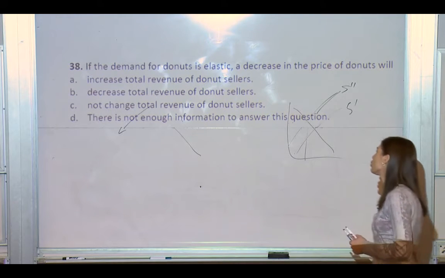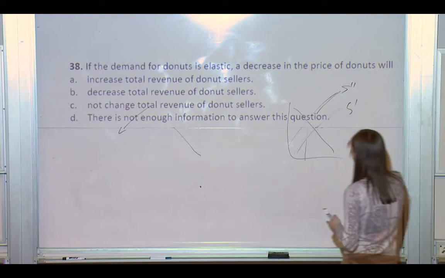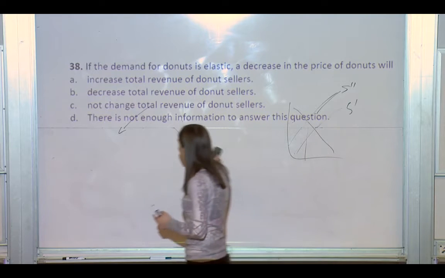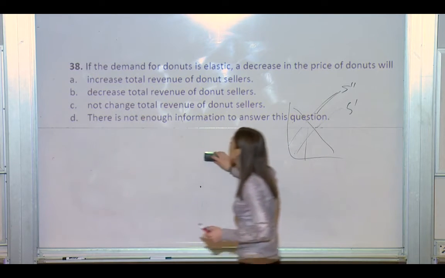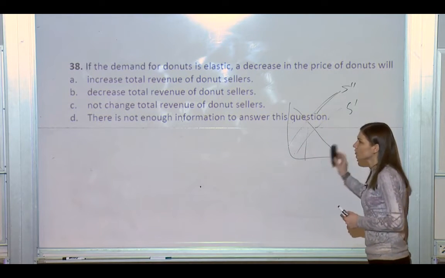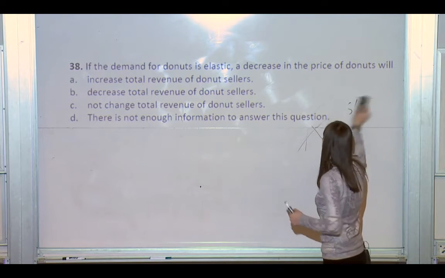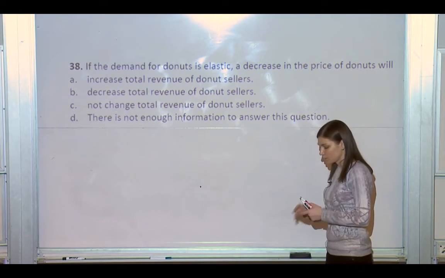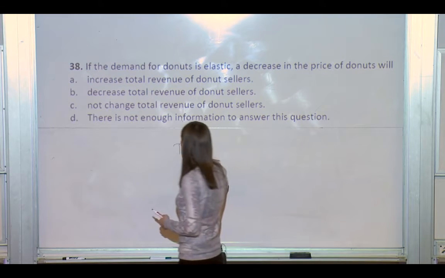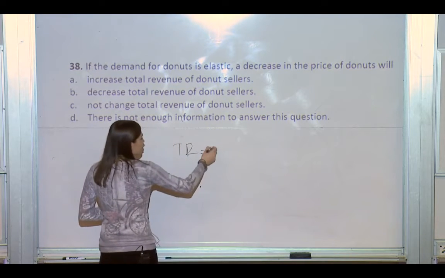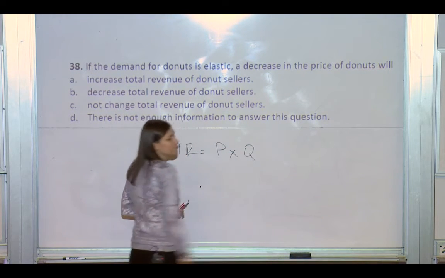If the demand for donuts is elastic, a decrease in the price of donuts, would it decrease total revenue, increase it, or not change it? All right. So total revenue, I know is price times quantity, right?